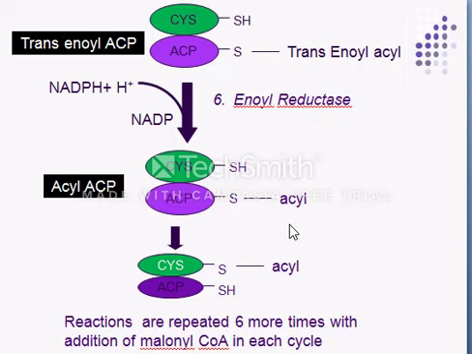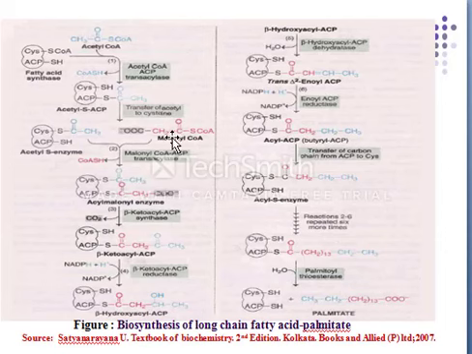The carbon chain attached to ACP is transferred to the cysteine residue, and reactions 2 to 6 are repeated 6 more times. What are these reactions 2 to 6? Let us go back to the second to sixth reaction, which we have already seen. This is the second reaction, where acetyl S enzyme combines with malonyl CoA.